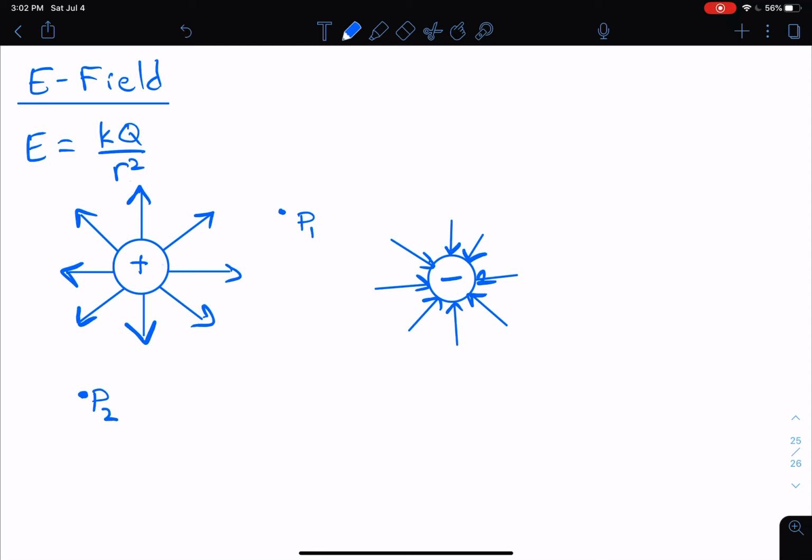Now, this is how we get the direction of the E field. It points directly away from a positive charge, directly towards a negative. So it basically goes from positive to negative.